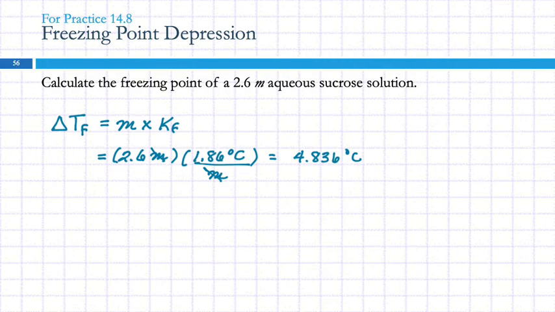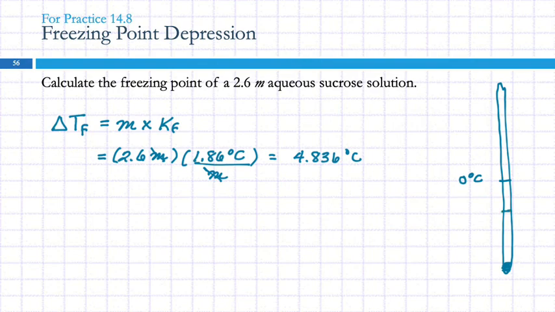And this can get a bit confusing because there's negatives and stuff. So here's my thermometer. What's the normal freezing point for water? 0. So there's normal, 0 degrees Celsius. The freezing point depression, does the freezing point go down or go up? It goes down, right?